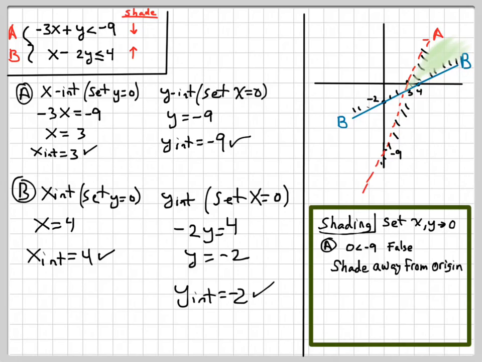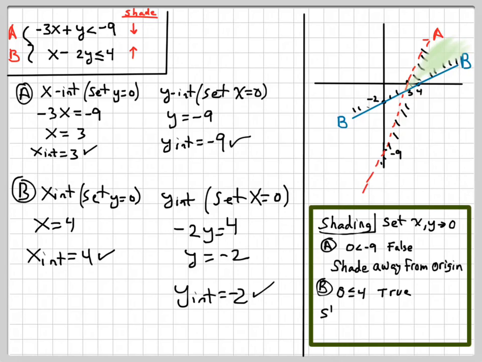Now, if I use the point (0, 0), then in inequality A, I get 0 is less than -9. That's a false statement, which means that I'm going to have to shade away from the point that I used. In this case, I'll be shading away from the origin. If you look at line A, I don't shade towards the origin. I shade away from the origin.